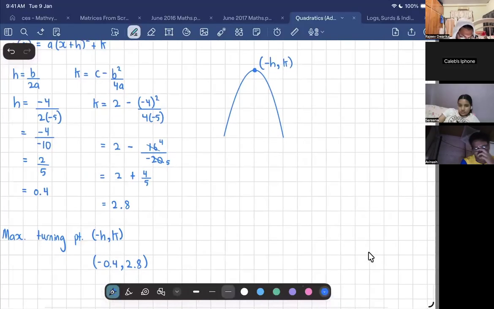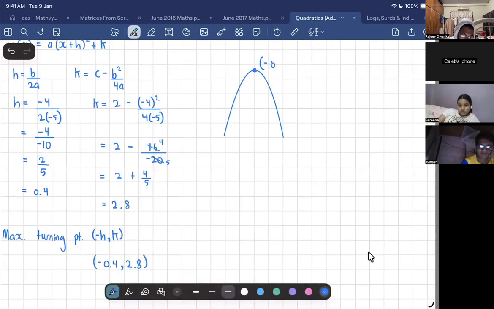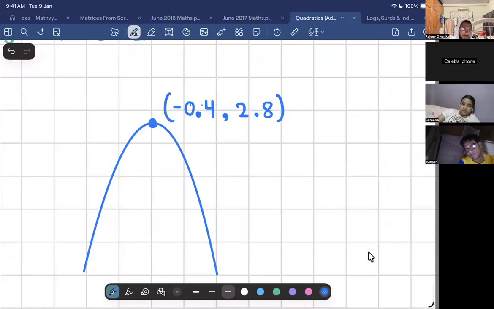Yes, sir. Right. So Avinash, I'm going to put minus 0.4, comma 2.8. And Avinash, the first value in a coordinate is the what value? The x value or the y value?